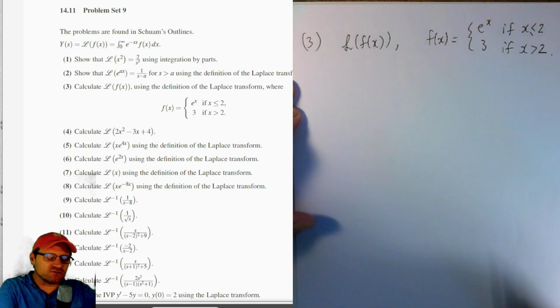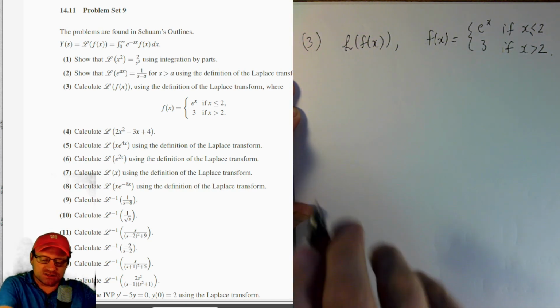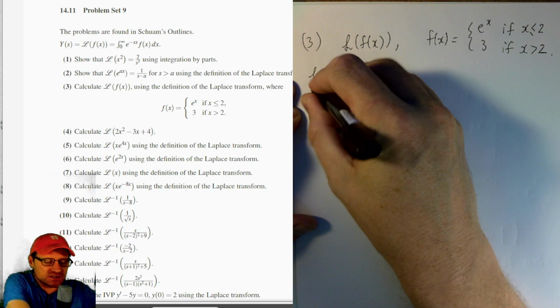Okay, question 3. Take the Laplace transform of this piecewise function. So to do that, we need to set up our definition.